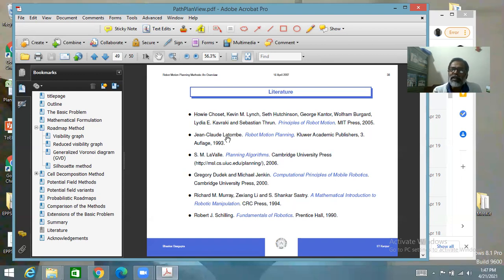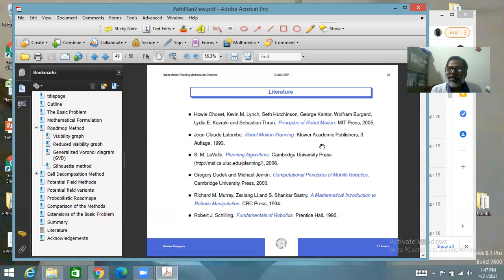In fact, the first time I taught this course, the deal between me and my students was that together we would study this book and try to understand it. Before that I also had not studied robot motion planning, and the students were anyway new. So during that semester in 2001, the students and I together tried to decode the book by Latombe.